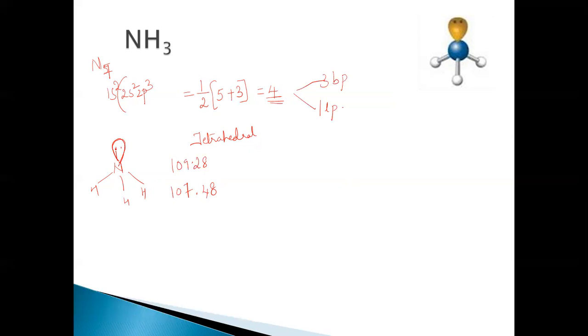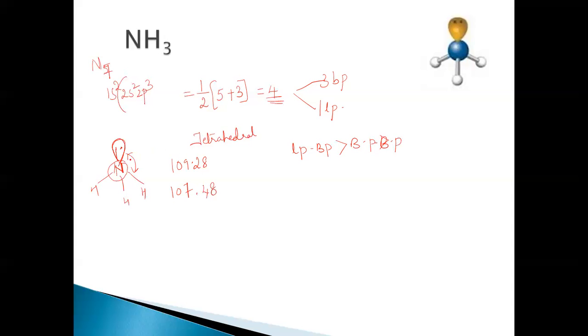this nitrogen atom is under the influence of only this single nitrogen atom. So it occupies more space around this, and it tries to repel these bond pairs of electrons. We know that lone pair-bond pair repulsions will be more than bond pair-bond pair repulsions.